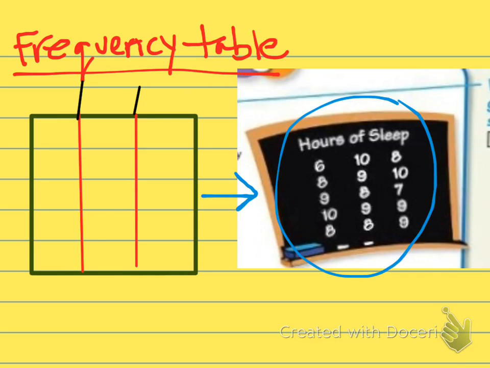The first section of our frequency table is going to have hours, so how many hours are mentioned from that table. The next section of our table will have tally. That means how many times does that number appear? Like how many students say that number? And then frequency means how many times it was repeated.